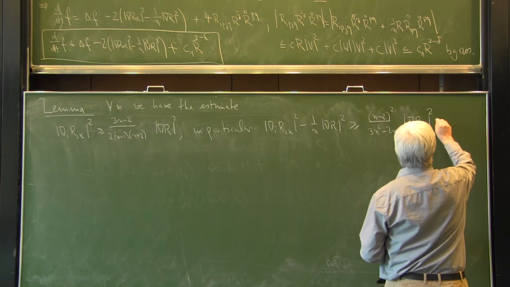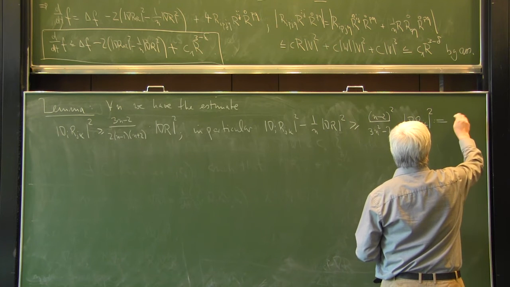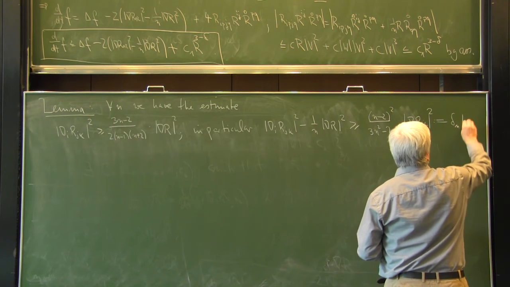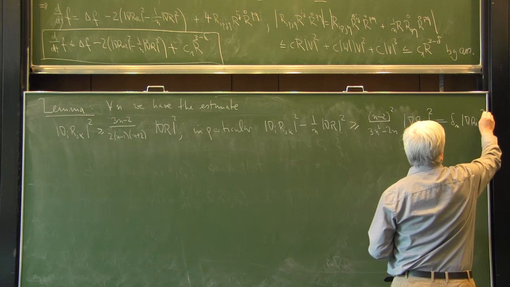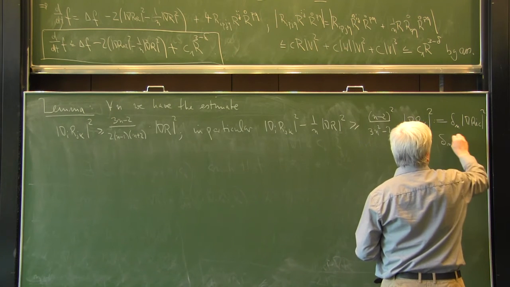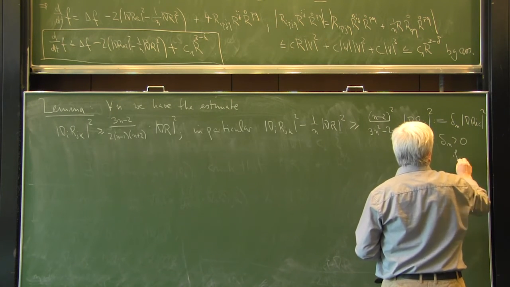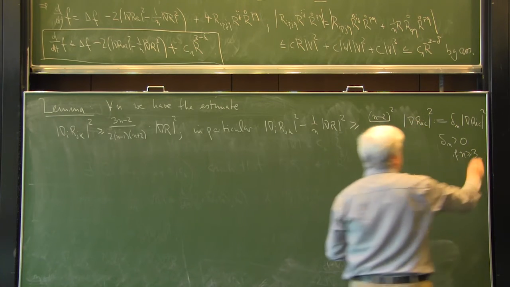Let's call this delta_n times gradient of Ricci squared, with delta_n bigger than 0 if n is greater or equal than 3.